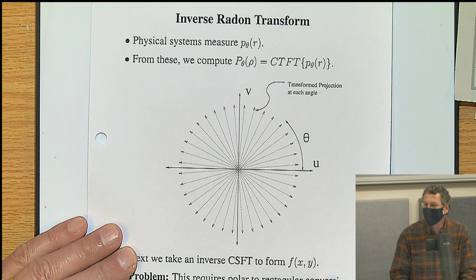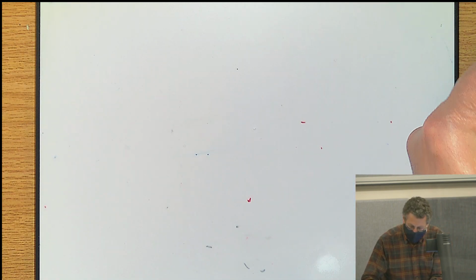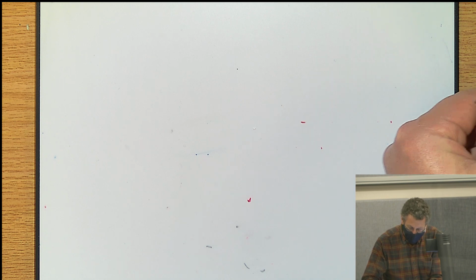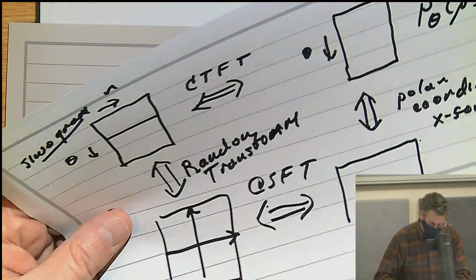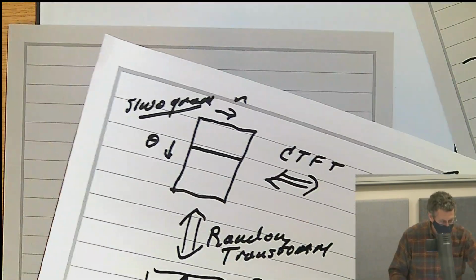Does this seem reasonable? So that's fine, except for this issue that I pointed out, which is that it requires that you interpolate, you convert from polar to rectangular coordinates, and that's difficult. It's this diagram here.